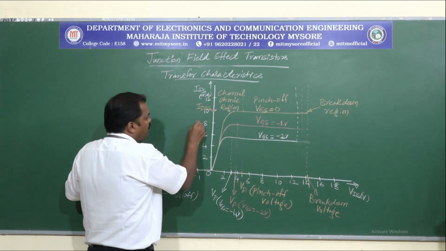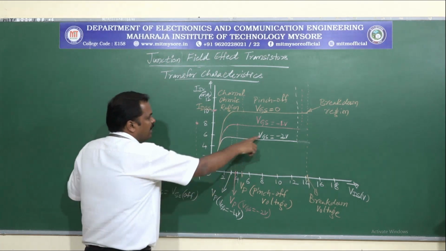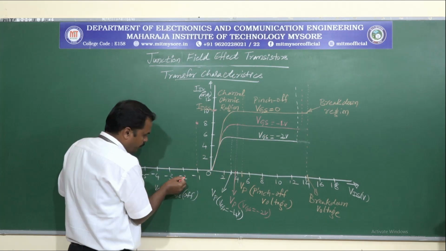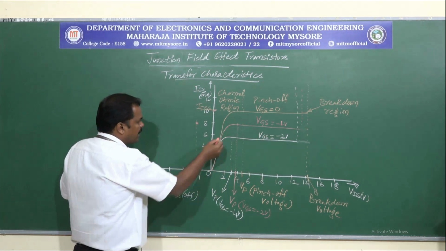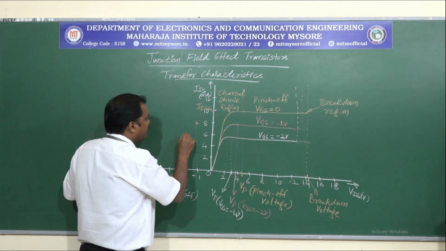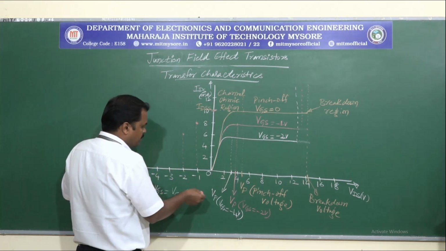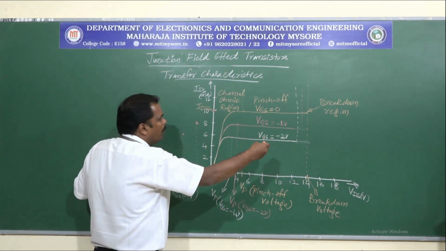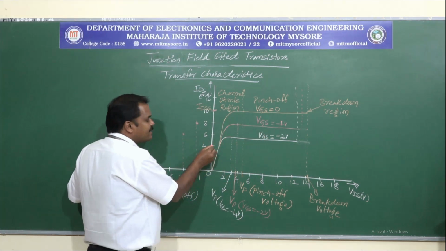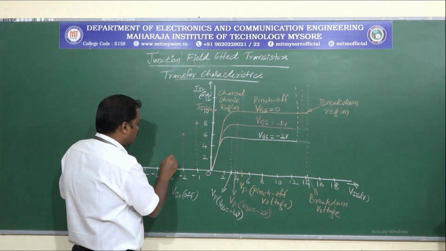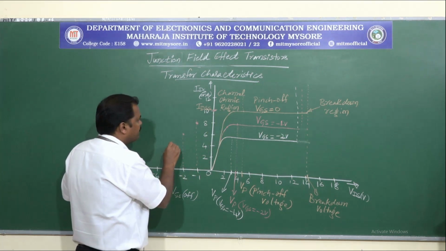If VGS is decreased to minus 1 volt, the saturation level will be 8 milliamperes. Likewise, if VGS is decreased to minus 2 volts, IDS is 6 milliamperes, so it will be somewhere like this. If VGS is decreased to minus 3 volts, IDS may be 4 milliamperes, somewhere like this.